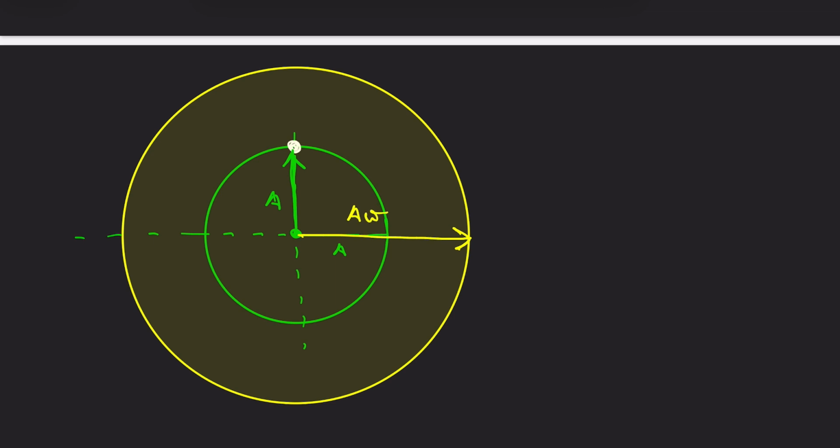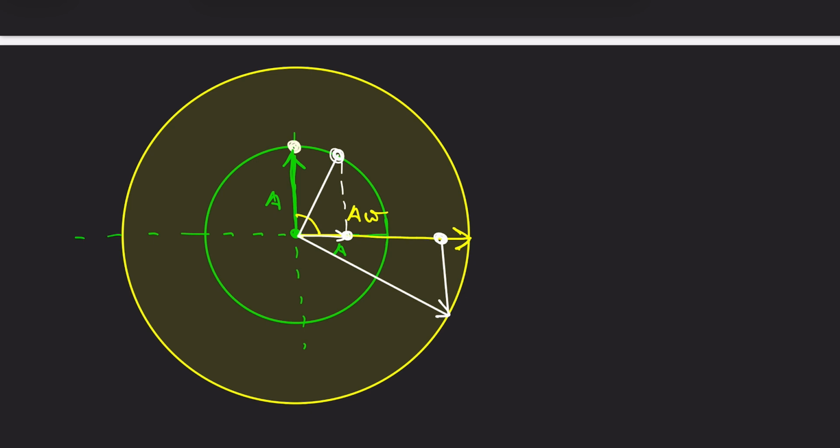In t time, if we talk about what is going to happen, the particle will go somewhere here, the imaginary particle, and that would be the shadow. So your particle has reached here, and in the same t time, your velocity phasor would have gone here, and it will have this magnitude of velocity right now.